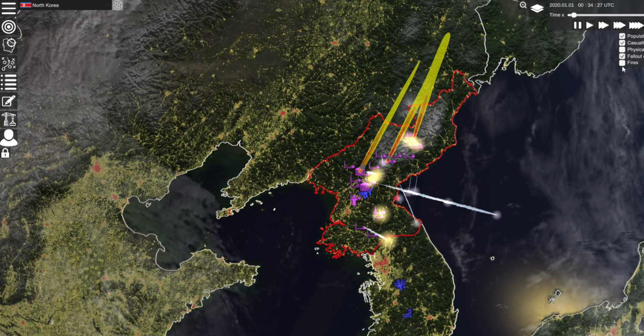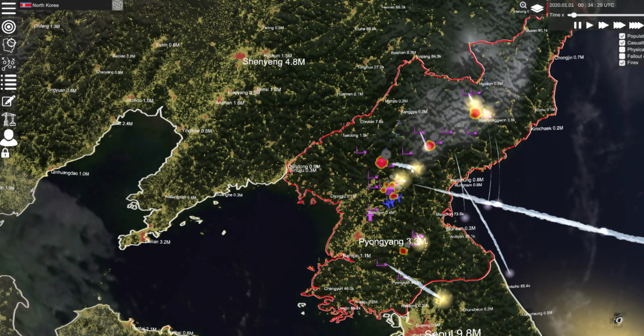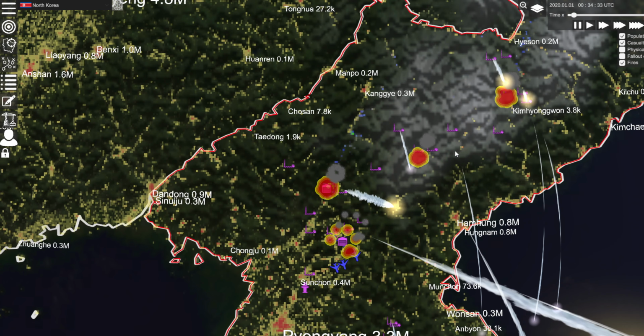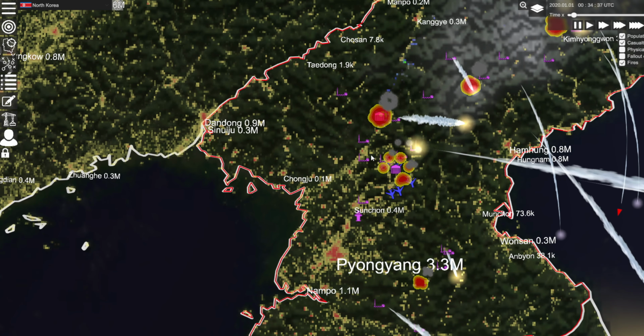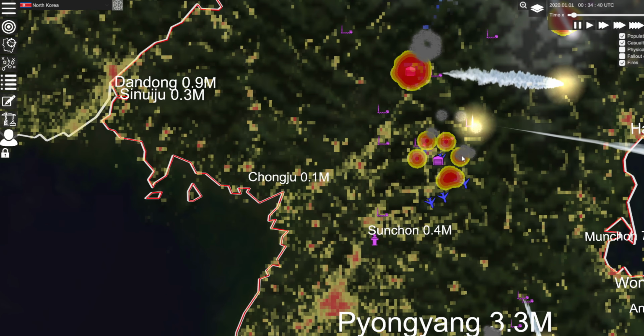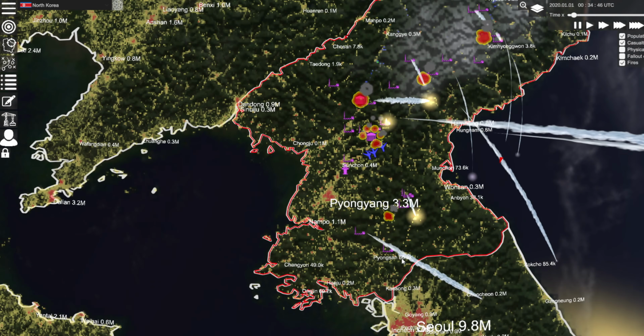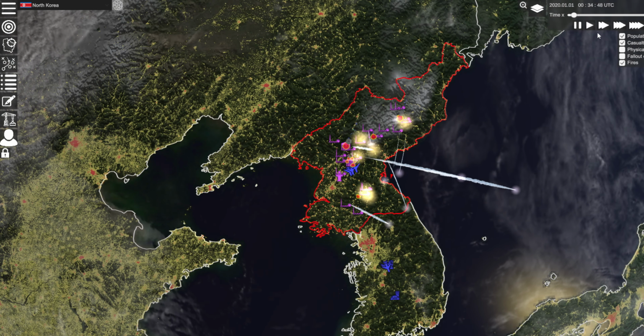And we'll look at fallout, and we'll look at fires. So you can see, obviously, north of Pyongyang, where these 90 kiloton strikes impacted. It looks like they used smaller, low-yield weapon systems to the northeast in this area here and to the south. And let's speed things up a little bit.